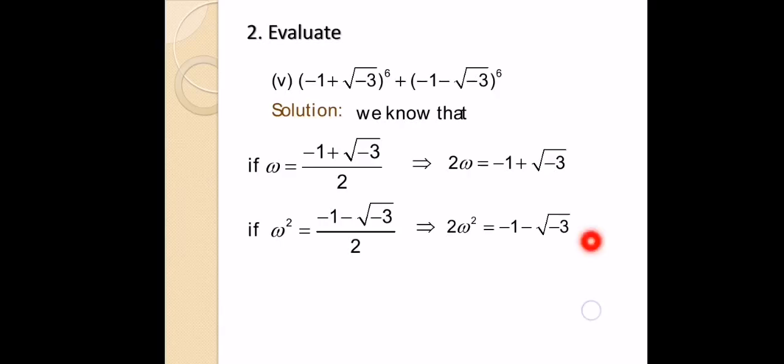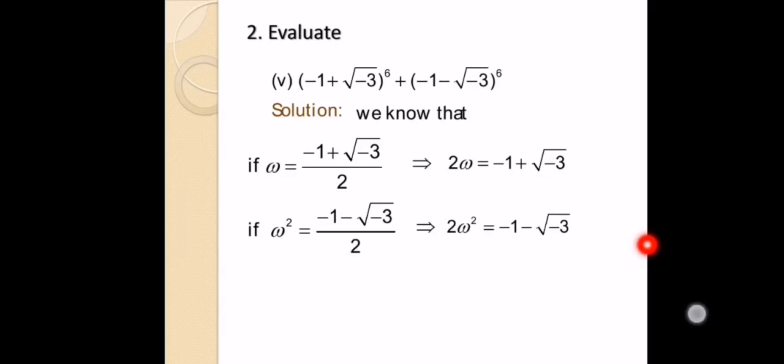So we can easily replace these two expressions by 2 omega and 2 omega square, so that we may use the properties related to the cube roots of unity to simplify the given expression to a simple real number.